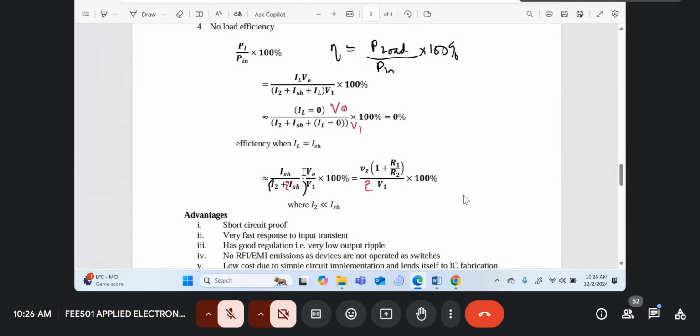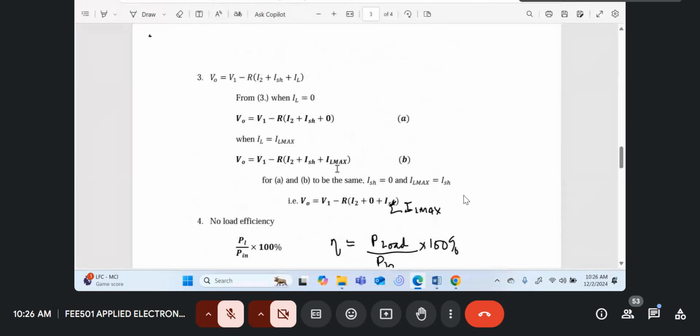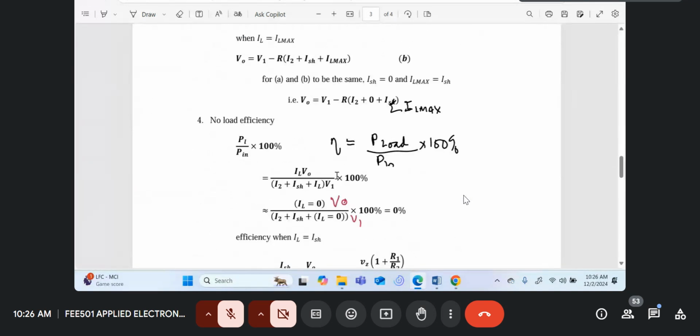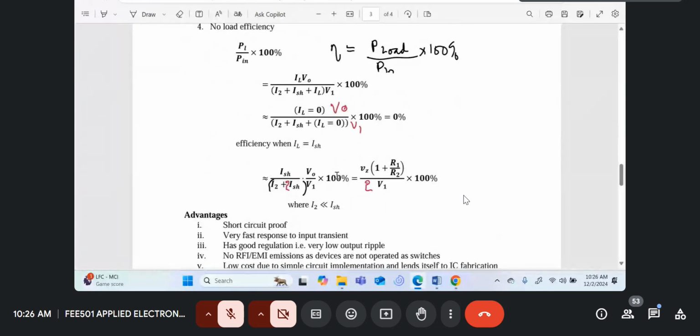For those who've forgotten how we derive V naught, we can just look back here. Equation 16 is V naught. V naught is Vz times 1 plus R1 divided by R2. In this derivation, I've said that I2 is less than I shunt. Normally I2 is very small. So that's why I've been able to ignore it and say it's just approximately 1/2 V naught over V1.